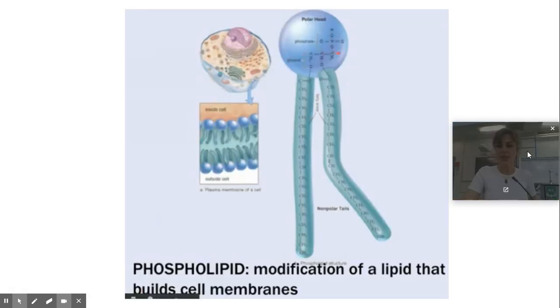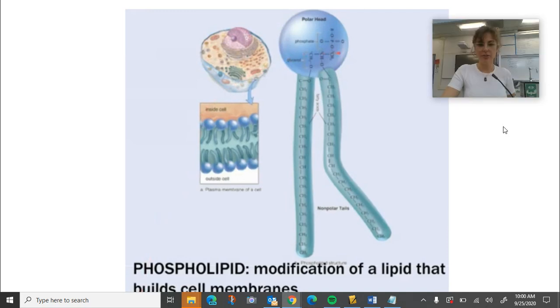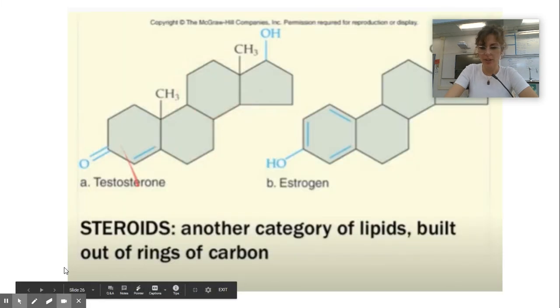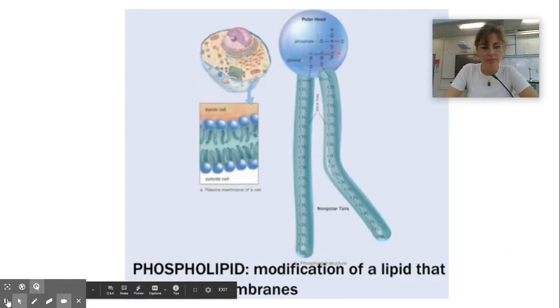All right, so now we have a picture here of a phospholipid. Phospholipids are huge when we talk about homeostasis and cell membranes. So let's find the fat in the phospholipid. We see our two fatty acid chains. Where's the third one?